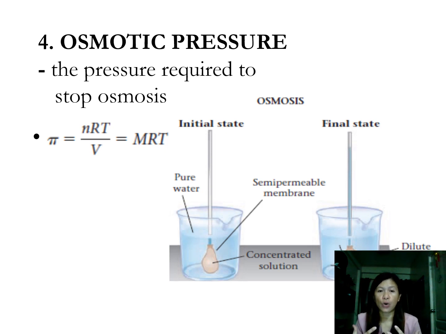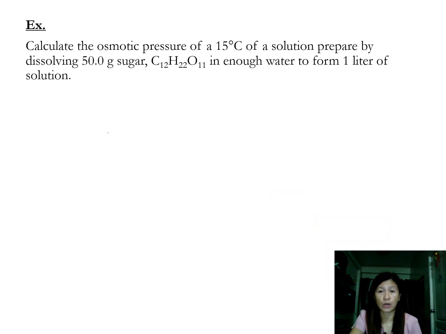So the passage of materials inside and outside of the cell must be controlled. So that's why we measure and control osmosis by determining osmotic pressure. Let's have this problem. Calculate the osmotic pressure at 15 °C of a solution.